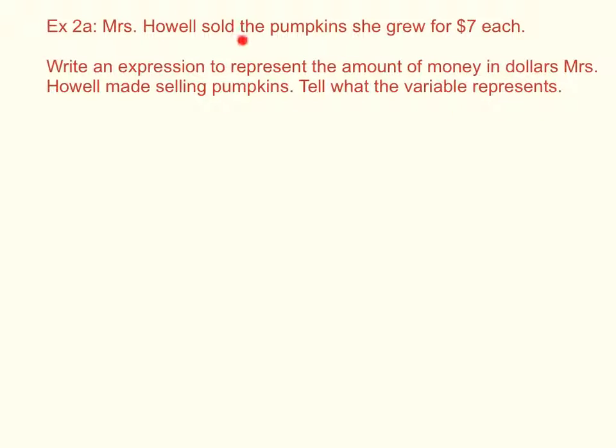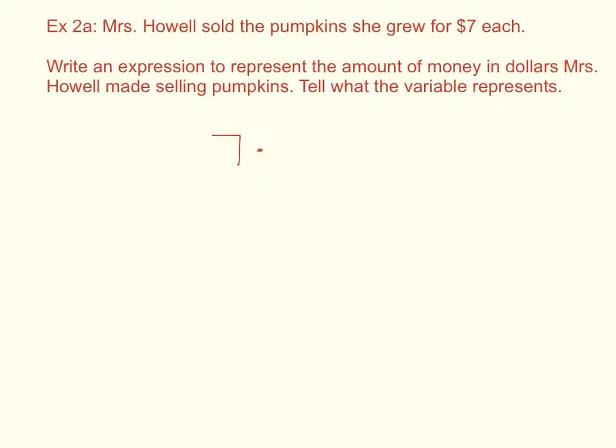So Mrs. Howell sold pumpkins that she grows for $7 each. I'm thinking what operation to use. If I had 6 pumpkins, how much would it cost? Well, what operation did I use? 6 times 7 would be 42. So I'm using multiplication. So this is actually a really easy expression. All it is is 7 times your variable.